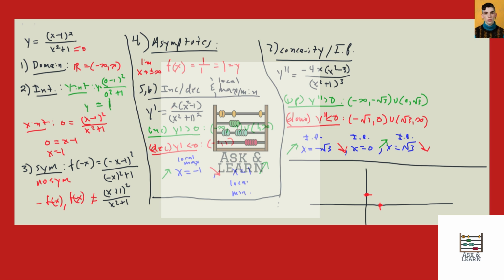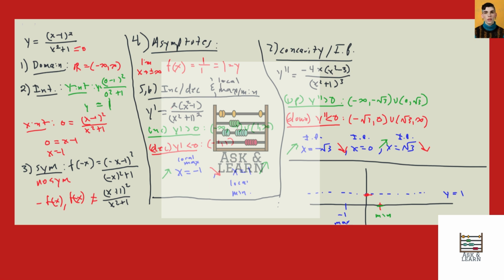We know we're going to have a horizontal asymptote at y is equal to 1. We know at x is equal to negative 1, we're going to have a local max. So I'm just going to put max below this. And at x is equal to 1, we're going to have a minimum. So we know that this here will be a minimum point. We also are going to need to use our points of inflection.